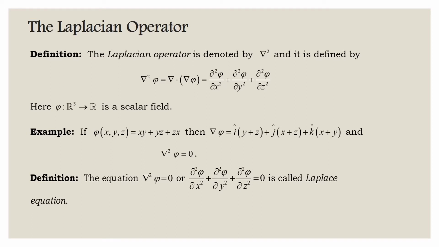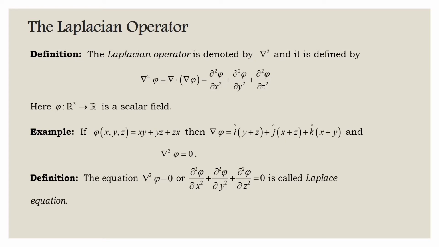Now, let us find out del square phi. Del square phi means div of grad phi. Grad phi is del phi, which equals i cap (y plus z) plus j cap (x plus z) plus k cap (x plus y). For this function, the component functions are phi1 equals y plus z, phi2 equals x plus z, phi3 equals x plus y.